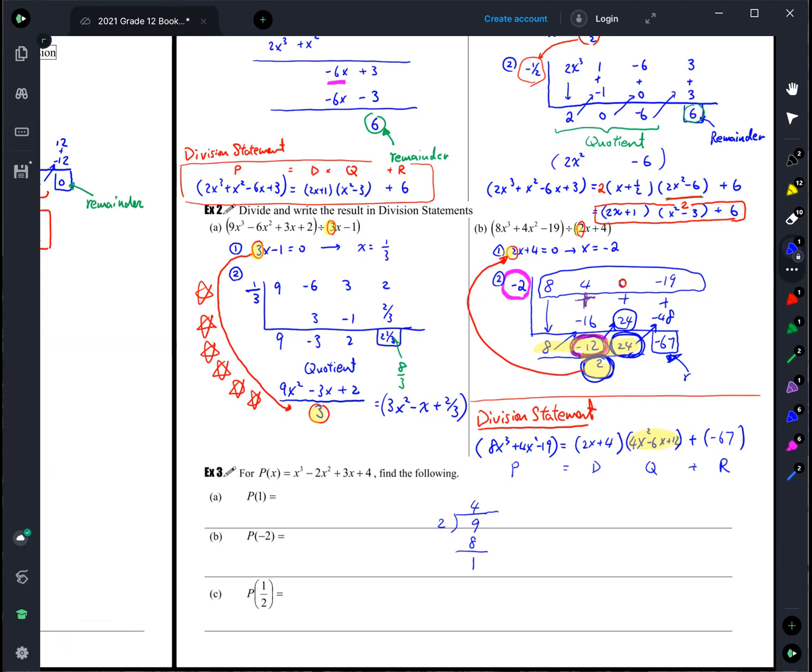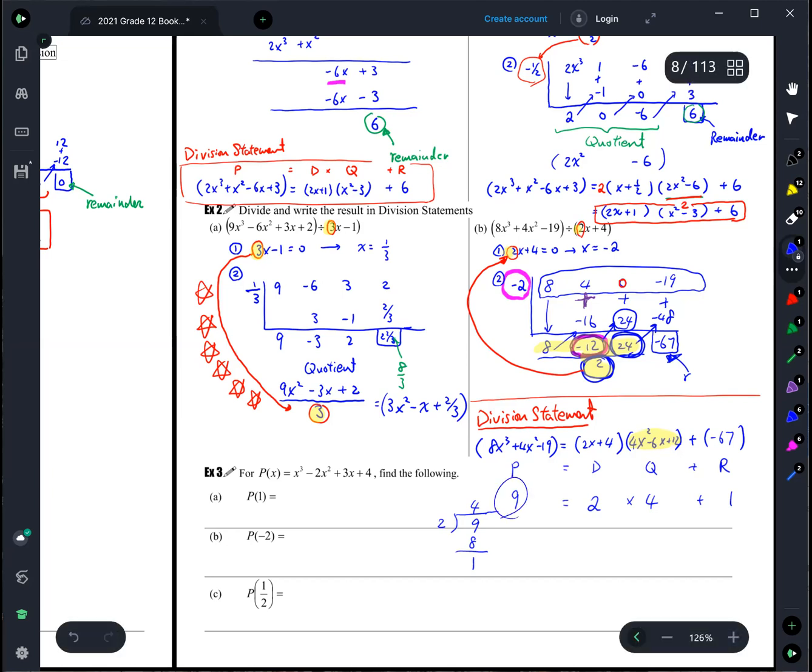So 9 is the dividend, the 2 is the divisor times the 4 quotient plus 1. There's nothing new about this. We're just doing the same thing with x's, the polynomial. P equals DQ plus R.